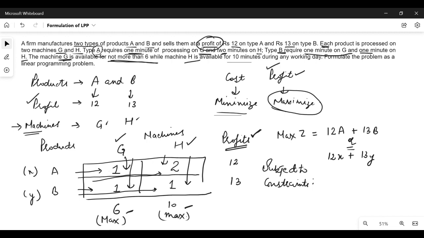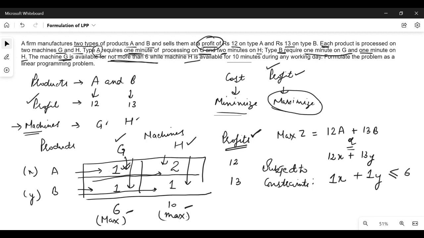Product A will require 1 minute for processing, which is given in the question that type A requires 1 minute of processing on G. So 1x, and it is given in the question also, here it is 1x plus 1y. This is not equal to 6, this should be less than or equal to 6.